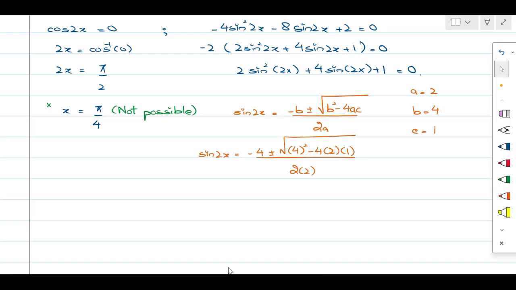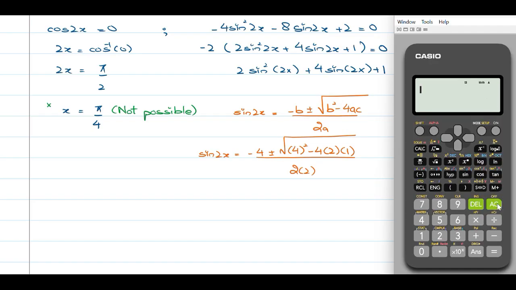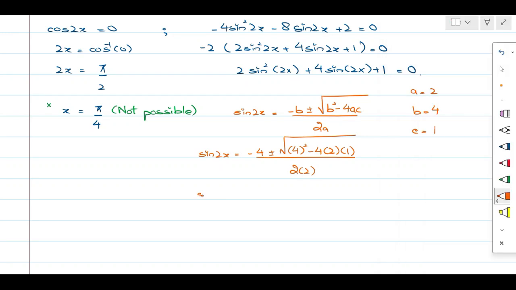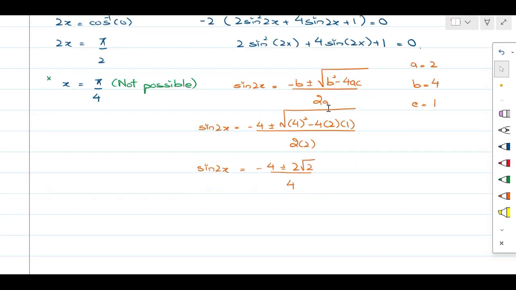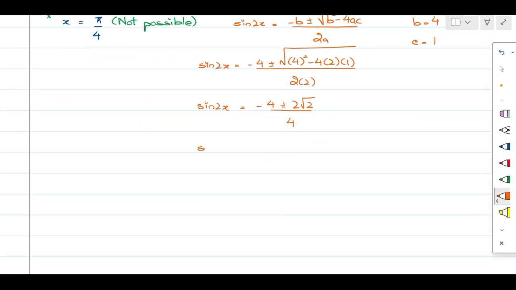Now if we simplify the term inside the square root, which is 4 square minus 4 times 2, that is 8, which is 2 root 2. So here sine 2x is minus 4 plus minus 2 square root of 2, divided by 2 times 2 which is 4. Further simplification: sine of 2x is equal to minus 1 plus minus root 2 divided by 2.